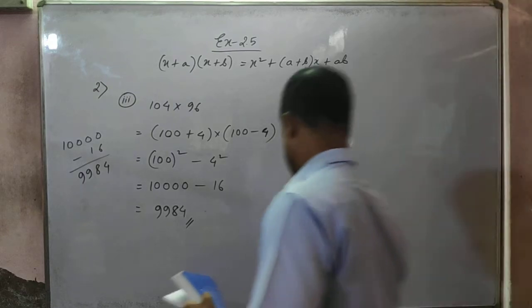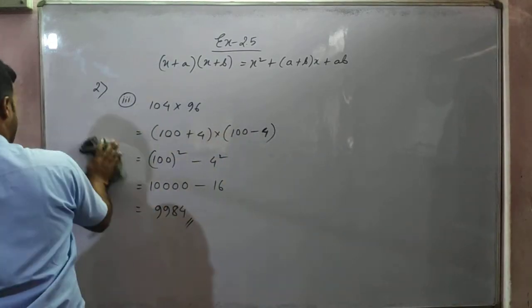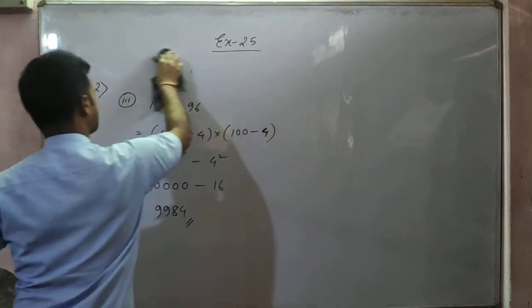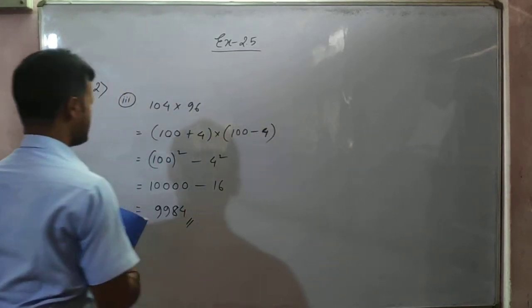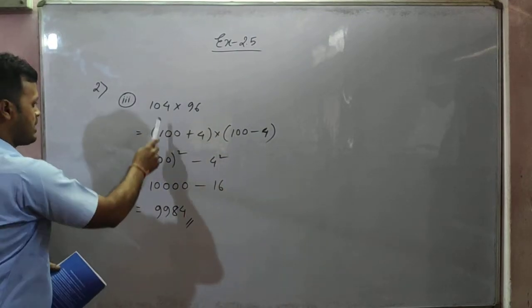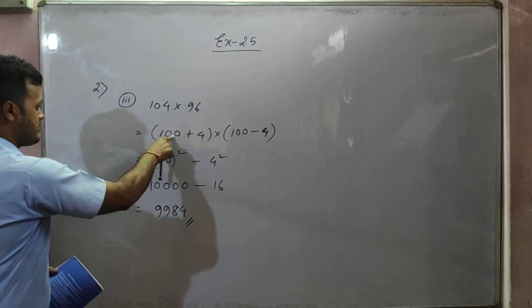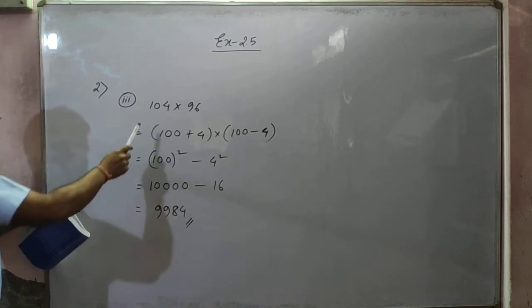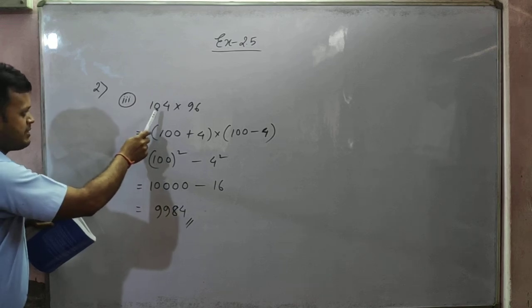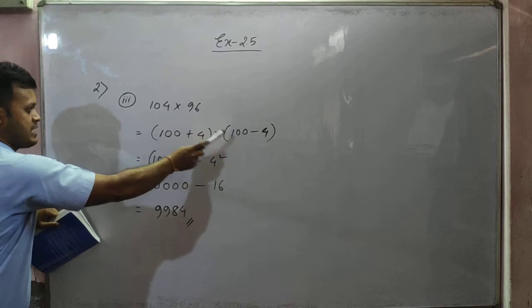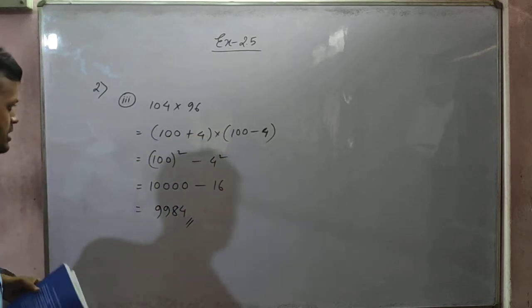So students, what is the formula that we have used here? I saw that 104 is there. Can we write 104 as 100 plus 4, and in place of 96, can we write 100 minus 4? We can easily write.